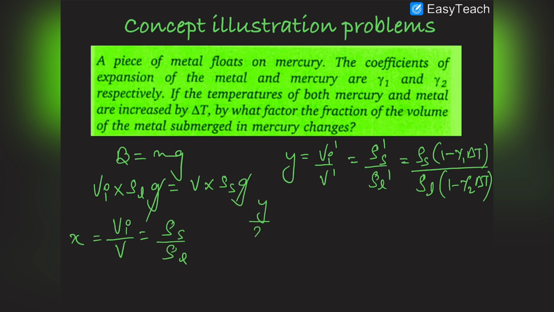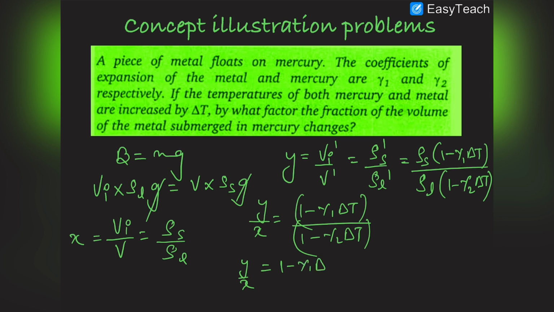So we have to find y upon x. So y upon x will be equal to 1 minus gamma 1 delta T divided by 1 minus gamma 2 delta T. Now you can further simplify it and write it like this: 1 minus gamma 1 delta T into 1 plus gamma 2 delta T. I have used the binomial theorem with the power minus 1 here.